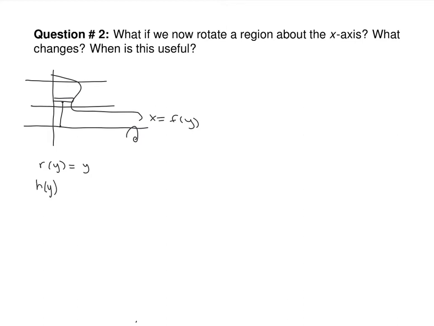Your height function will just be the function of the curve, with some differences if you have two curves, but in general. So the difference here is that you will have an integral from c to d, those are y values, 2 pi y f of y dy.